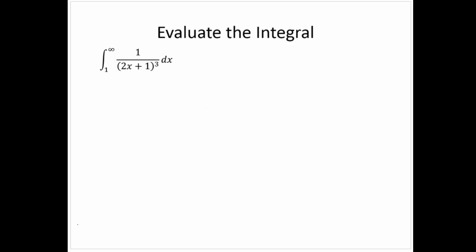All right, here's another example. Here we're asked to evaluate the integral from 1 to infinity of 1 over (2x plus 1) cubed dx. So what I will do is rewrite this as the limit with t approaching infinity of the integral from 1 to t of 1 over (2x plus 1) cubed dx. Now to evaluate this integral, I'm going to use a substitution.